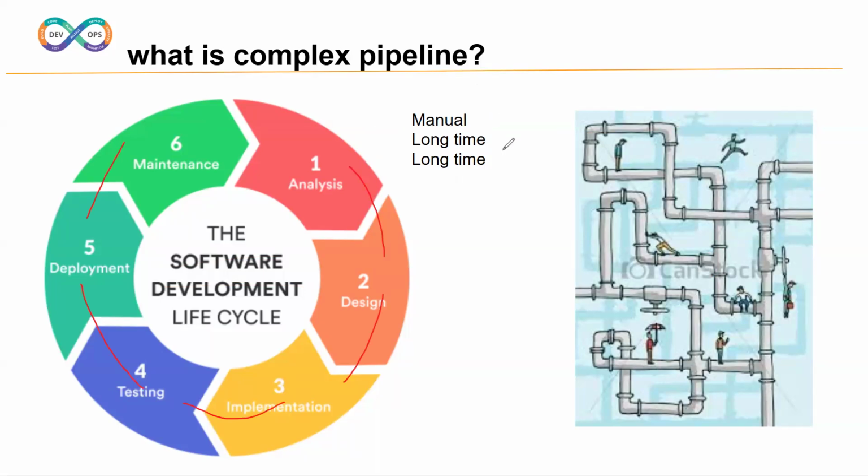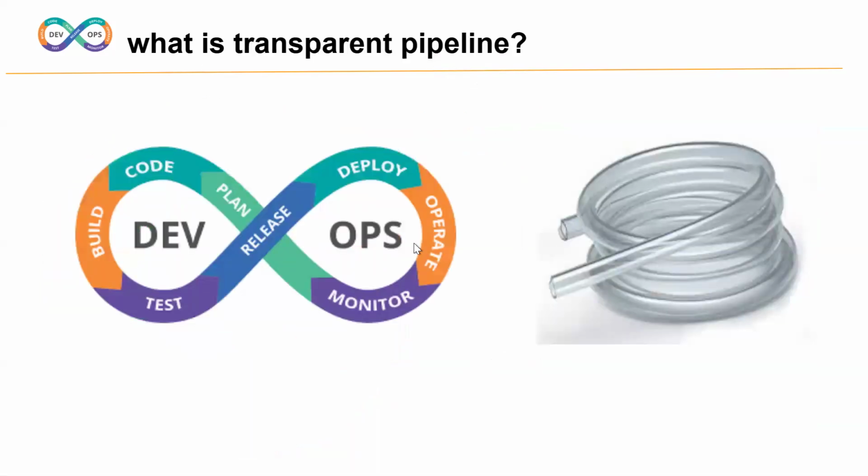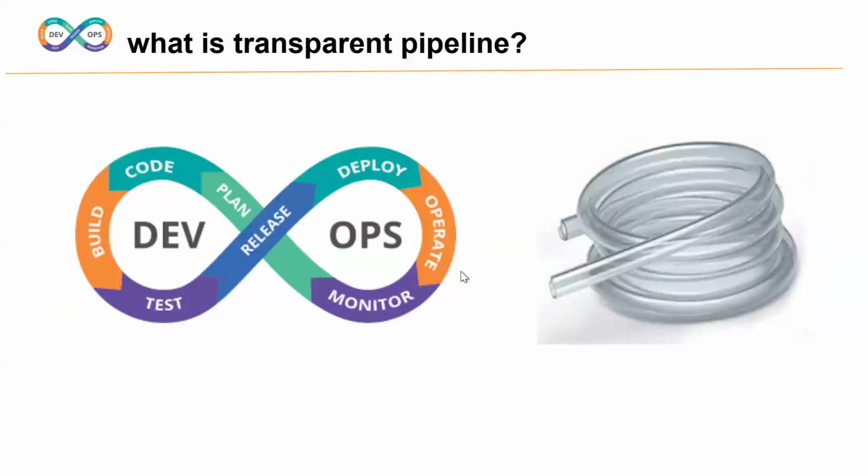If you get an issue, identification takes a long time, and resolving also takes a long time. That means cost increases, quality decreases, and the customer is not satisfied. That is the reason we replace it with our DevOps transparent pipeline. Our job is replacing the complex pipeline with a transparent pipeline.